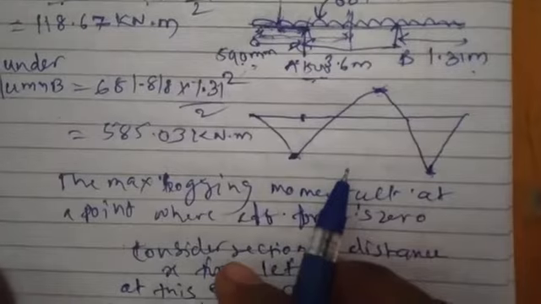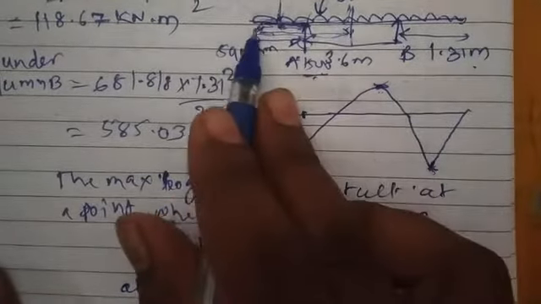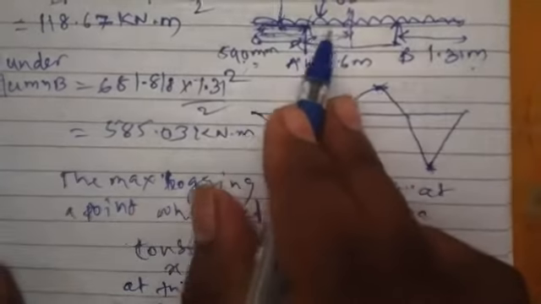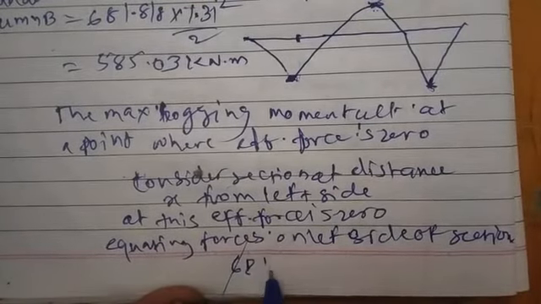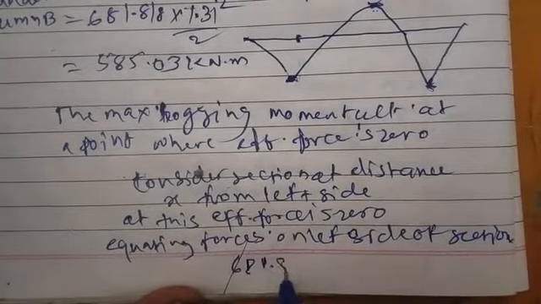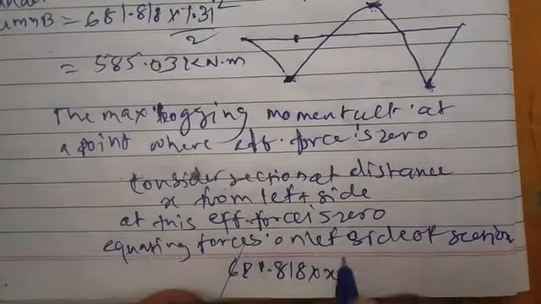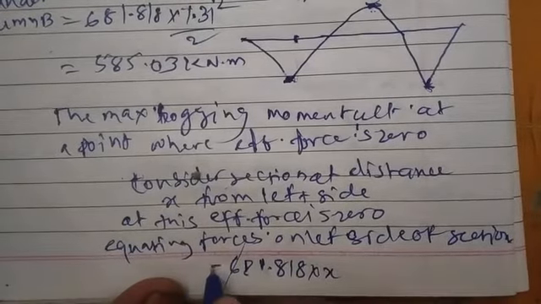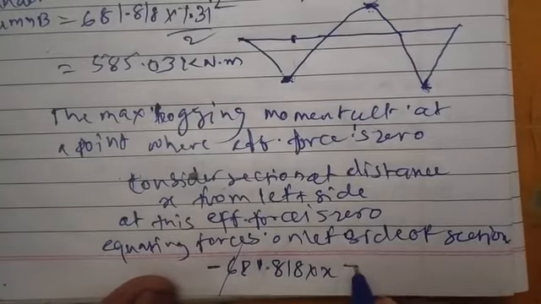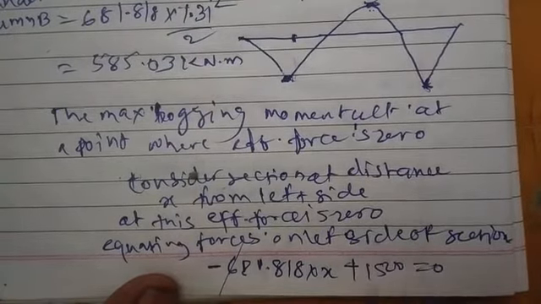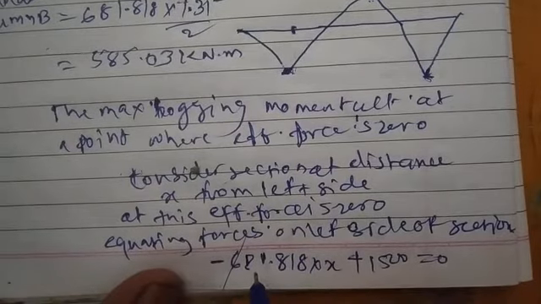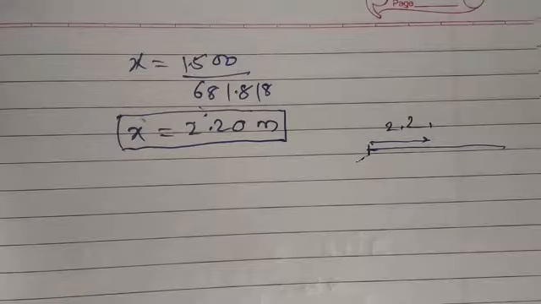So x is the length of section from this point. So we'll take 681.818 into x as negative, and we'll take 1500 as positive. So equal to 0. Now we'll calculate the value of x.